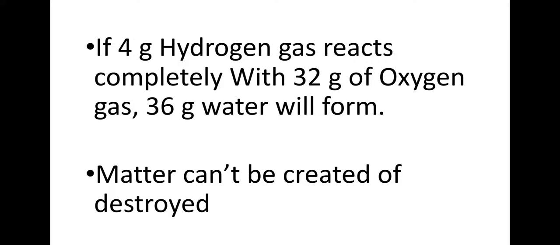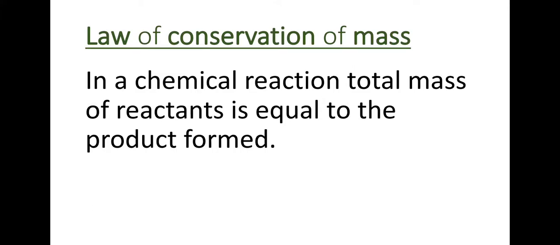That is 4 gram plus 32 gram, that is 36 gram of water will form. So no matter was created or destroyed in a chemical change. That means the mass of a system remains constant. So this is the first statement of the law of conservation of mass, which is, in a chemical reaction, the total mass of the reactants is equal to that of the products formed. So here goes the first law.